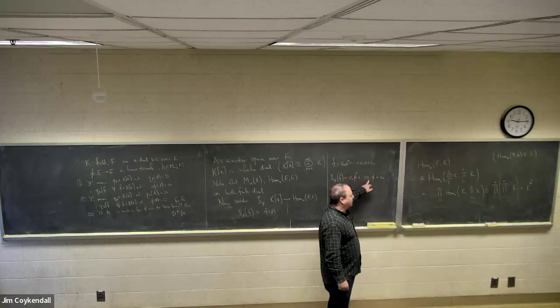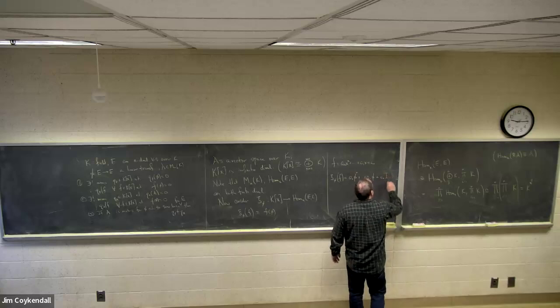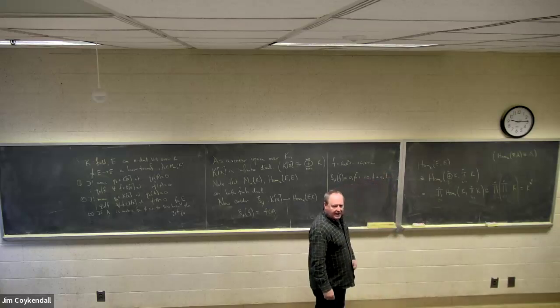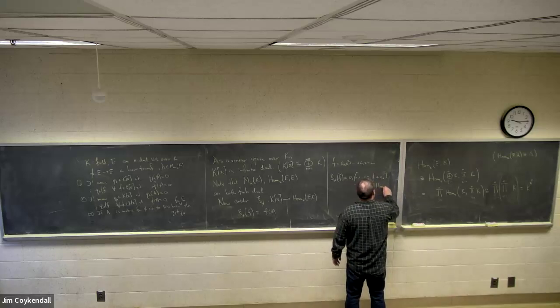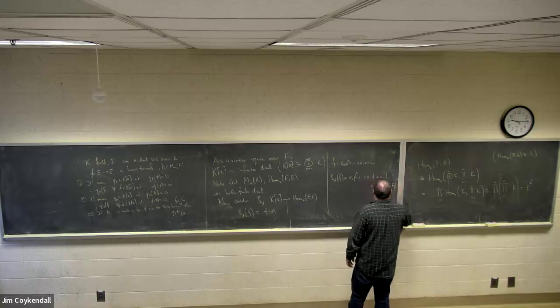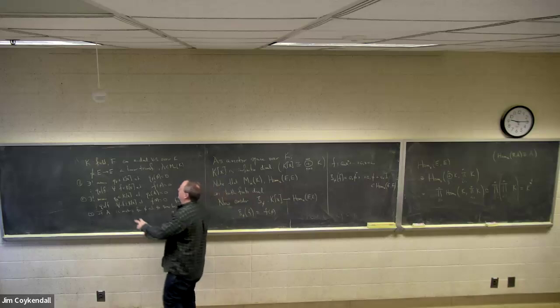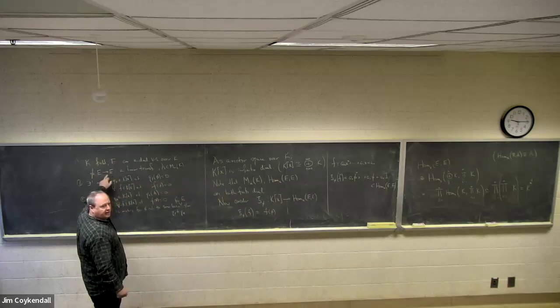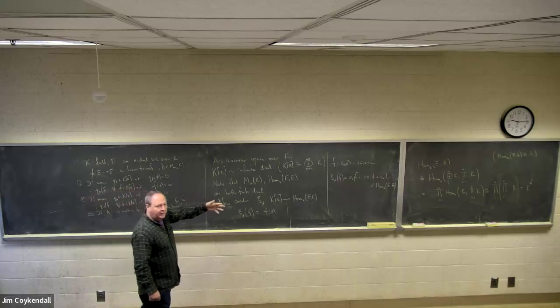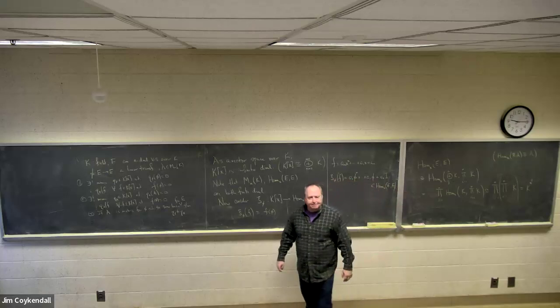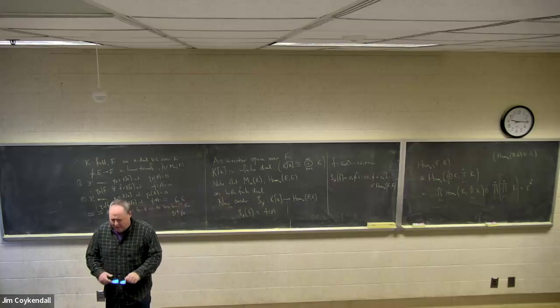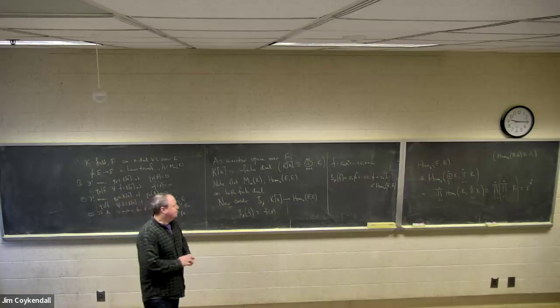And I think we all know what a constant linear transformation is: it's a scalar times the identity, so a_0 times the identity linear transformation from E to E. This makes sense because my original phi goes from E to E, so any composition or power of it makes sense. Okay, any questions on that?